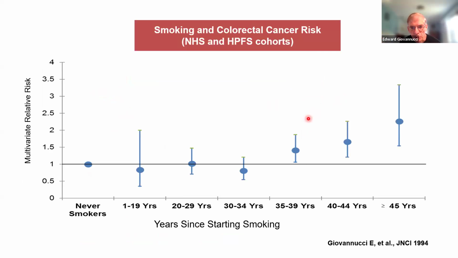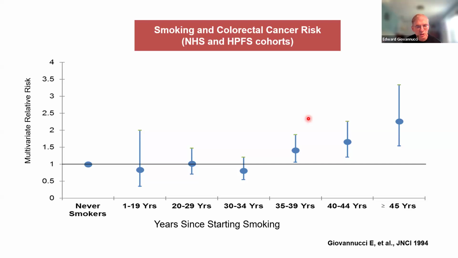There are many examples. This is one of the first studies I did many, many decades ago, showing my age here. It had been controversial whether smoking was related to colorectal cancer. Initial studies, like the classic smoking studies done in the 1950s and 1960s, did not show a link between smoking and colorectal cancer.